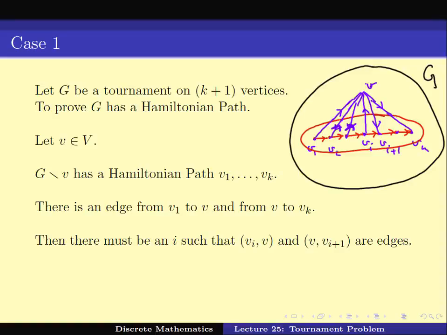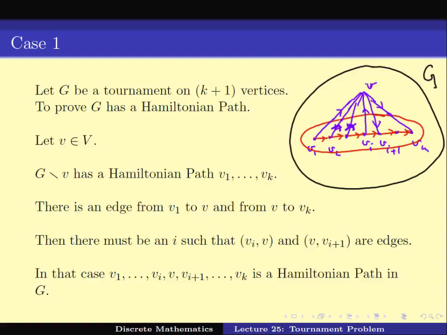And in that case, we will have a Hamiltonian path, which is, of course, V1 to Vi, then from Vi up to V, then V to Vi plus 1, and then complete it to Vk. So thus, in this case also, we will get the solution. Of course, I made a mistake here. This should be 3. This is case number 3.